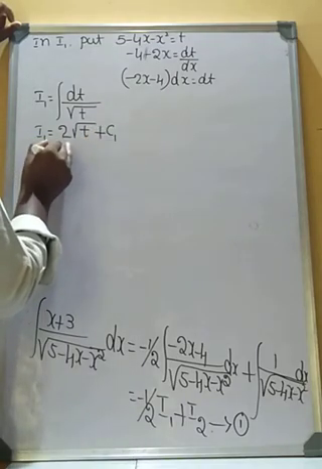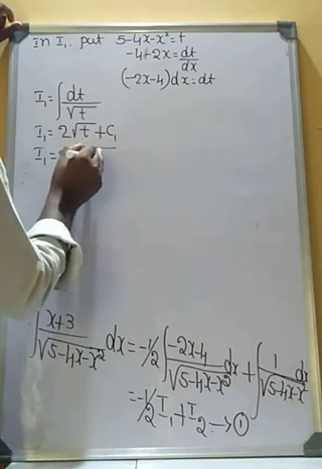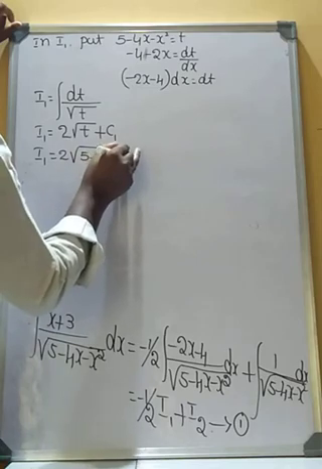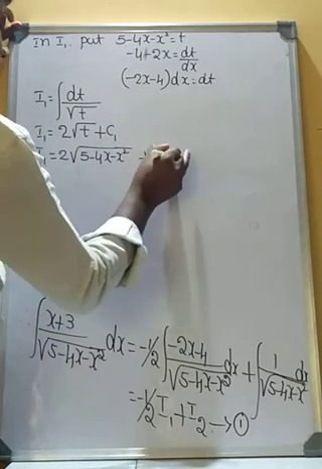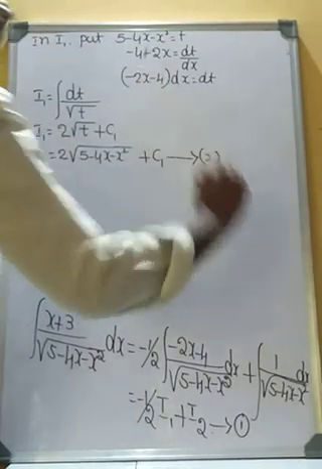Therefore I1 is equal to 2 into, what is t, square root of 5 minus 4x minus x square, plus c1. Call this equation number 2.